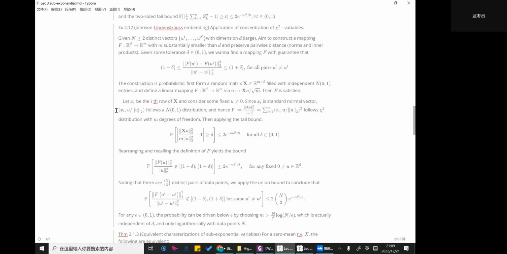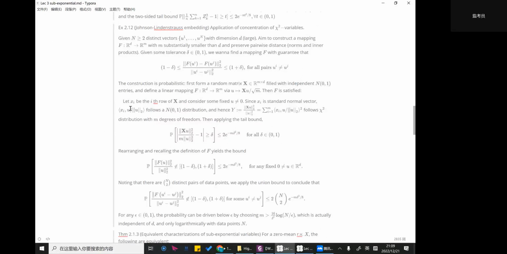So here, this inner product follows the standard normal distribution. You can verify this by calculating this inner product. Then some combination of different standard normal variables, if you calculate, still satisfies the standard normal distribution.